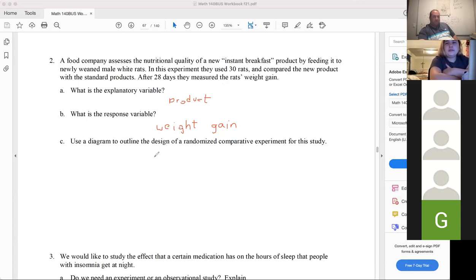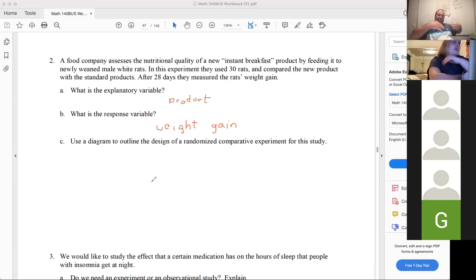So it says use a diagram to outline the design of this experiment. I'm not going to ask any questions on designing outlines, but essentially what they want you to do here is something along the lines of: I have a certain number of rats.